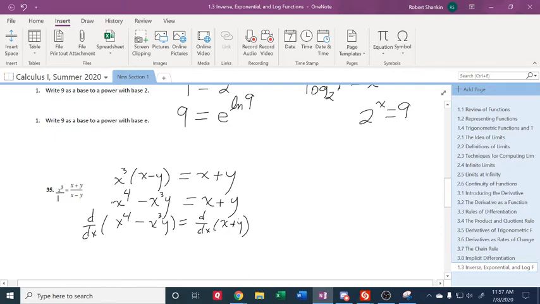And then let me come up here. I'm going to do the product rule: the first times the derivative of the second plus the second times the derivative of the first.